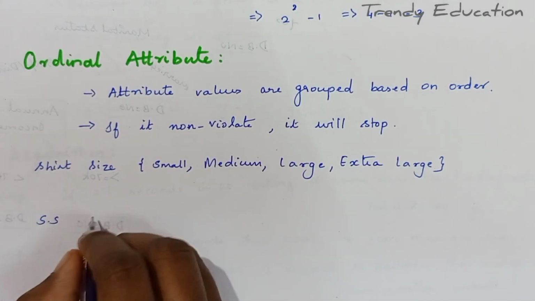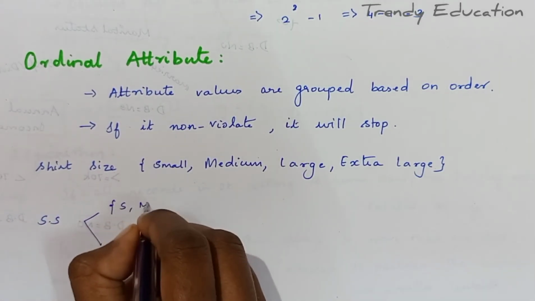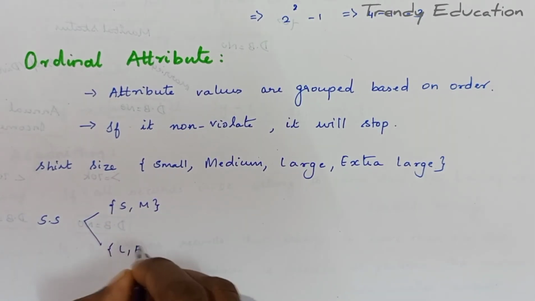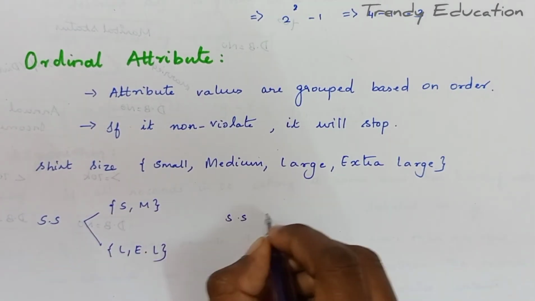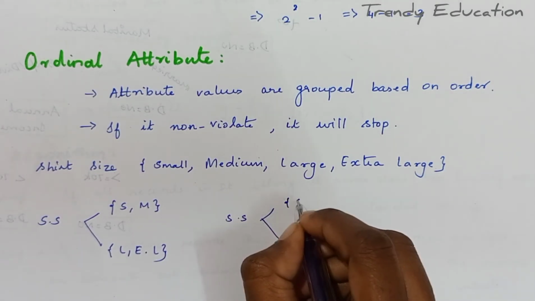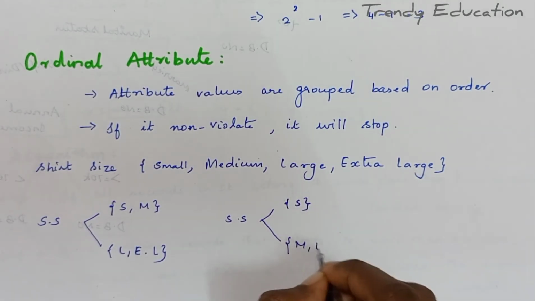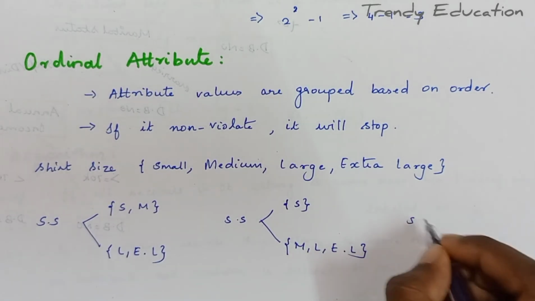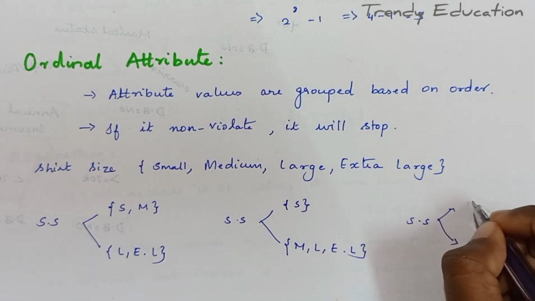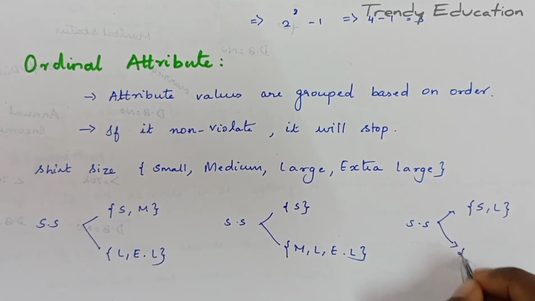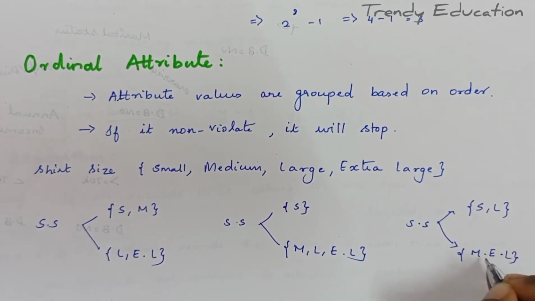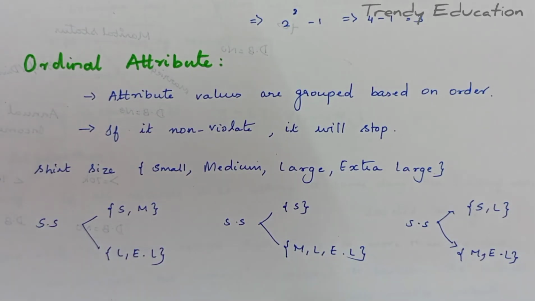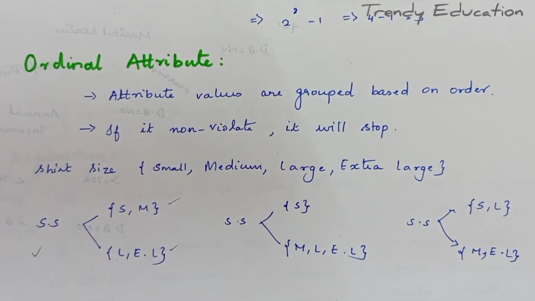Shirt size: small, medium in one group, large, extra large in another. Here small and medium are ordered, large and extra large are ordered. So this is a correct decision tree.